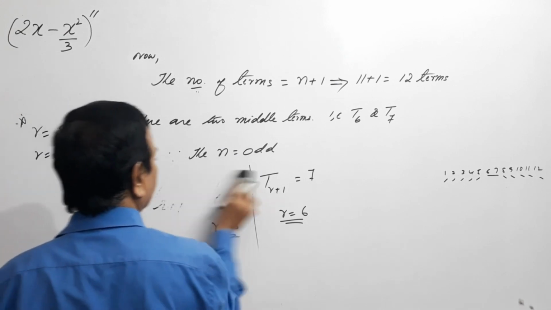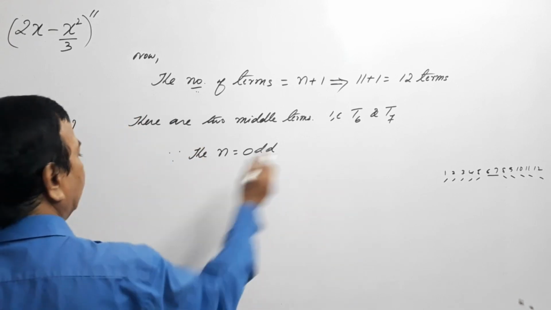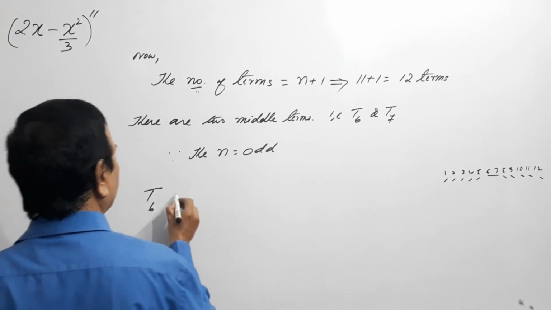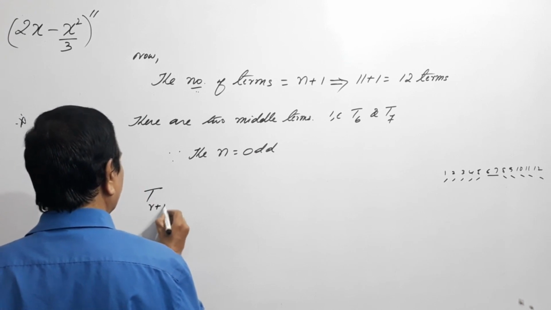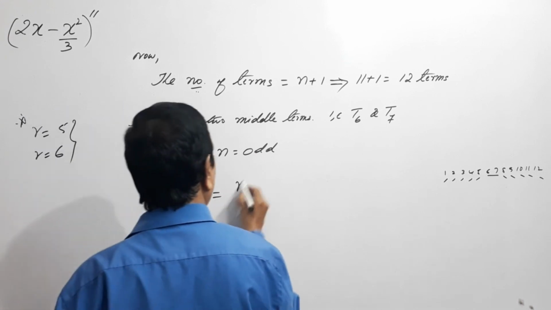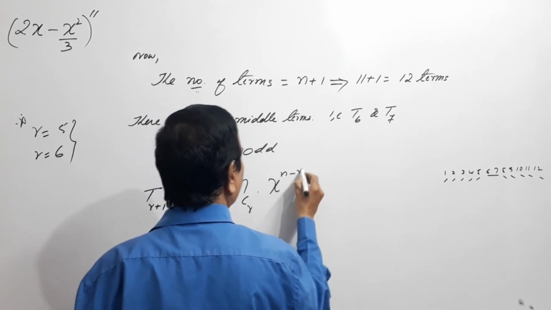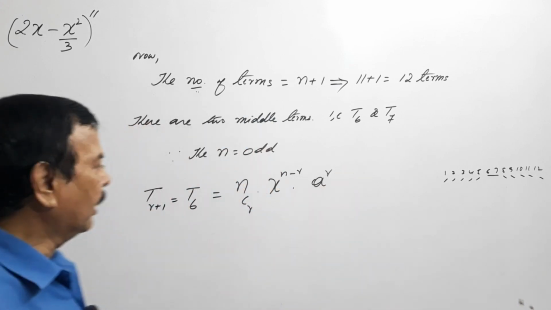Now we will calculate T6. How do you calculate? T(r+1), that is T6, equals nCr into x to the power of n minus r into a to the power of r. This is the formula.